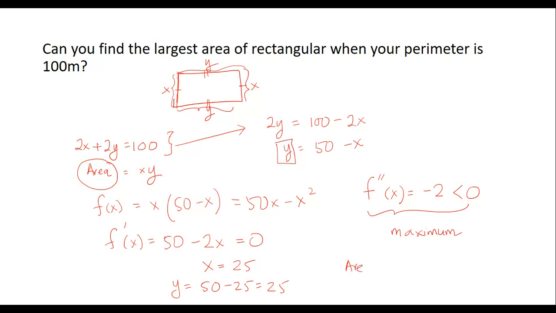My area earlier is equal to xy, so my largest area is the value portrayed by my critical point, where x is 25 and y is 25. Multiply together, you get 625. So this 625 square meters is your largest area for your rectangle right now.